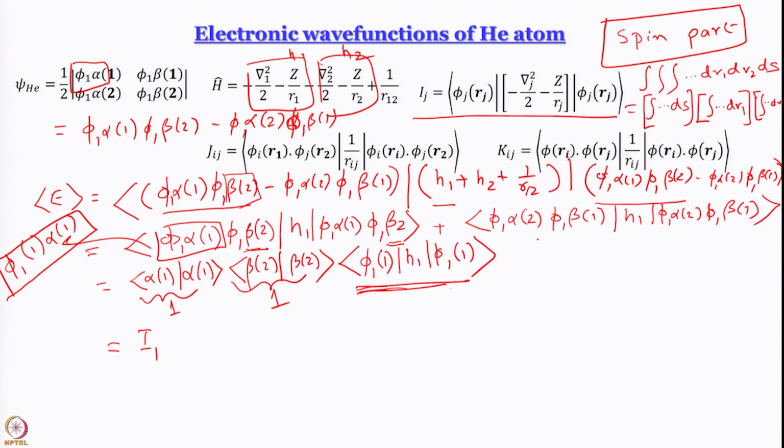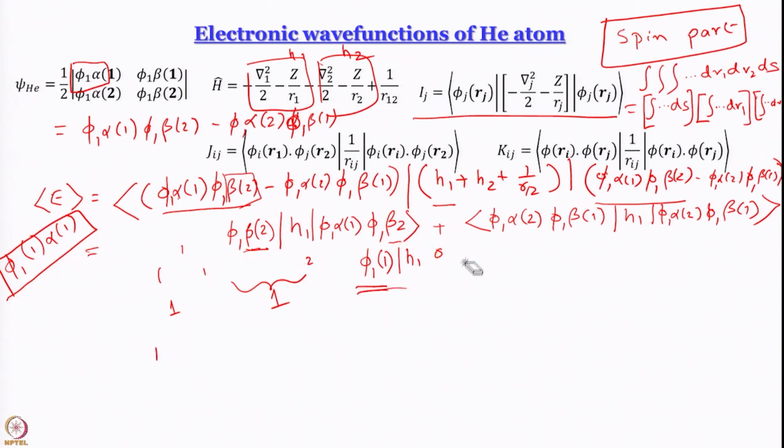Okay, so you see how this integral I1 comes in the expression for energy. Now, let me clear this up a little bit. Well, all the terms are there, I am just not writing all the terms, I am trying to just expand and see what happens.